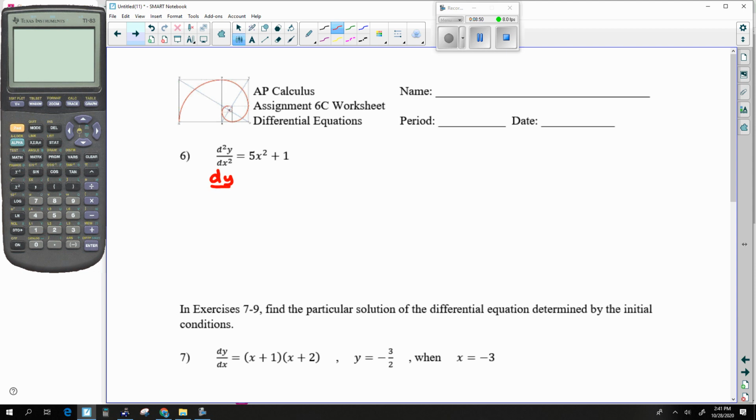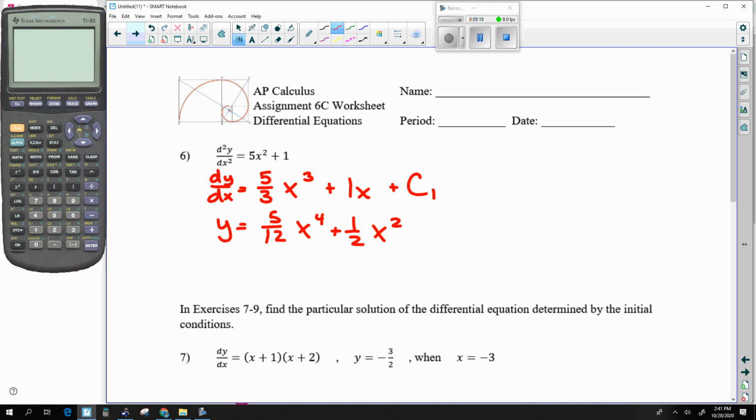So the first derivative is going to be a 1/3, okay, plus the first C. And then the regular y now, again, this is going to go x to the 4th, so I divide, so that's going to be 5/12 x squared, so this is a 1/2. This gets an x, and then I get my second constant.